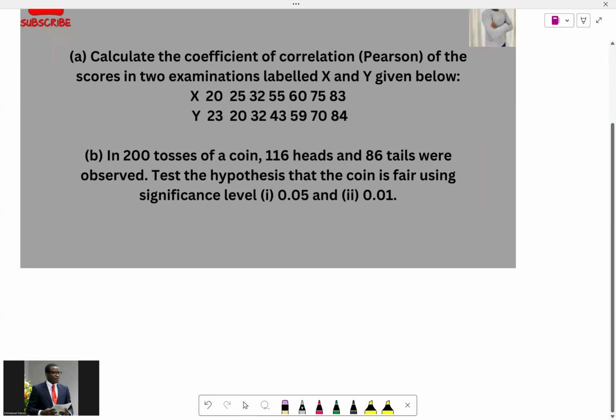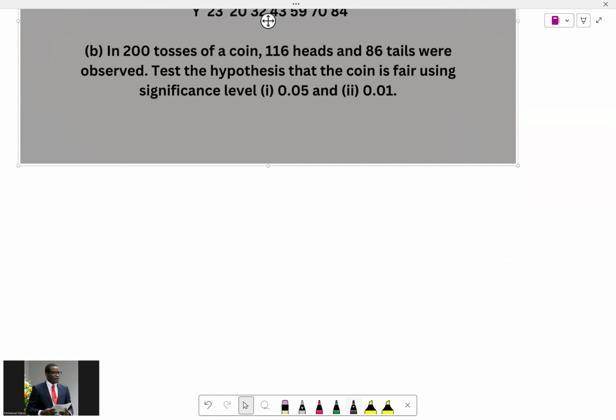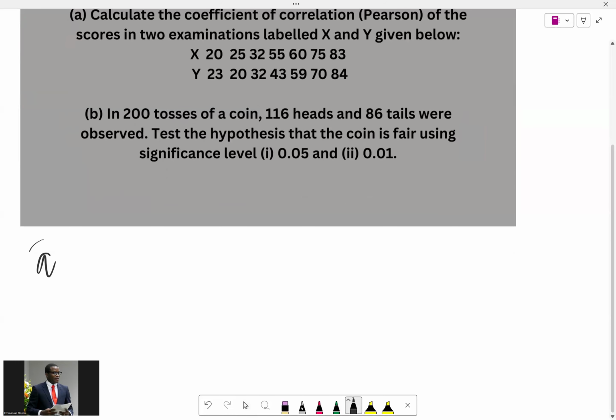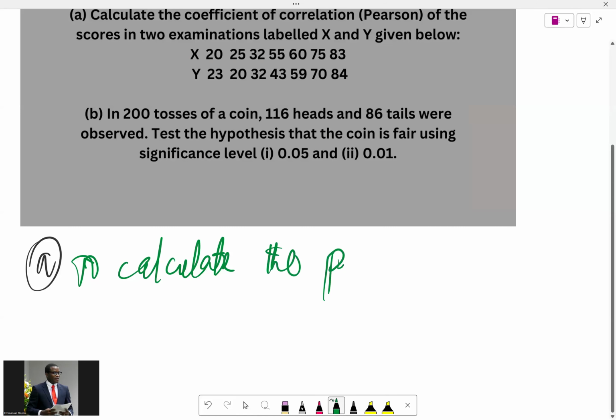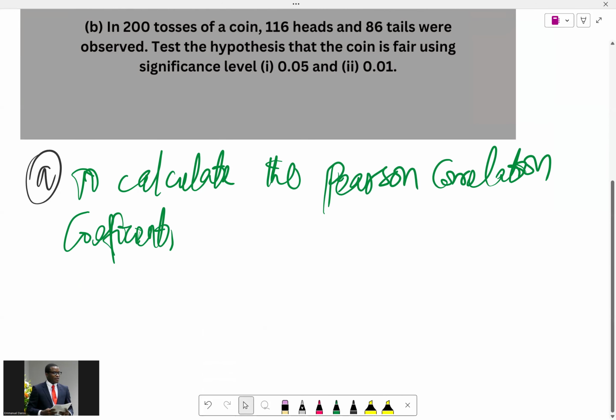Okay. I guess we can just go straight with the Pearson correlation coefficient. So we say A: to calculate the Pearson correlation coefficient. I think that's called rho.